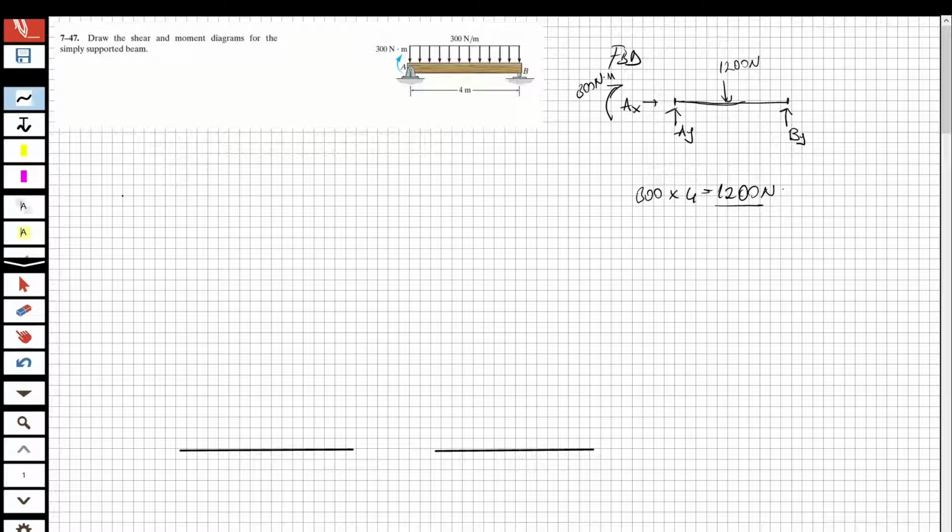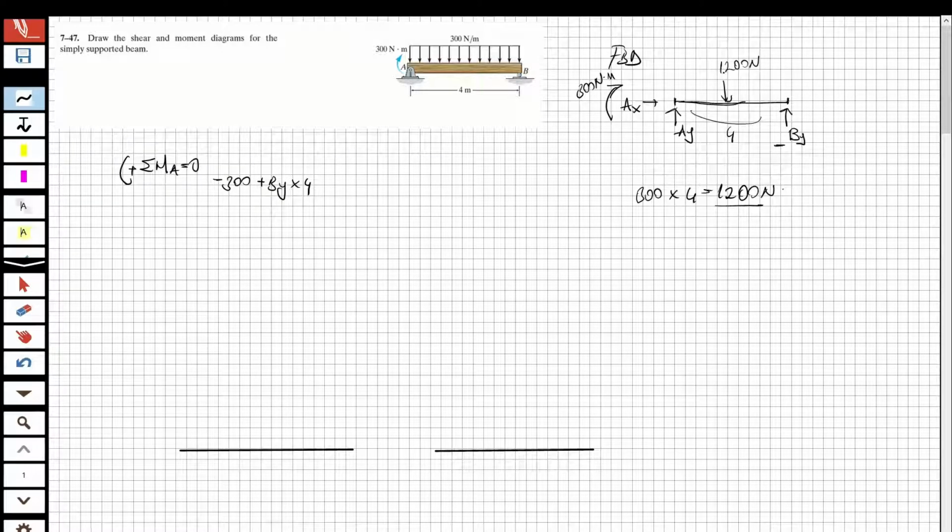So let's solve the question here. I'm going to take the moment with respect to A equal to 0: minus 300, and also plus By multiplied by 4. Look at here, this is By, and the whole length is 4 meter.